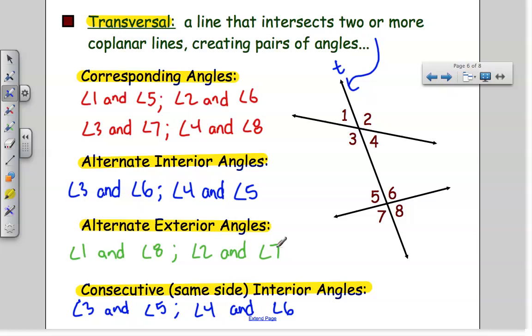So looking at different types of angles off of a transversal, remember our transversal was this line because it hits 2 others. Corresponding angles make the same shape, like angle 1 and angle 5. You notice if you made that with your hand, it would be the same kind of formation, you just slide down. They're both above these lines and to the left of the transversal.